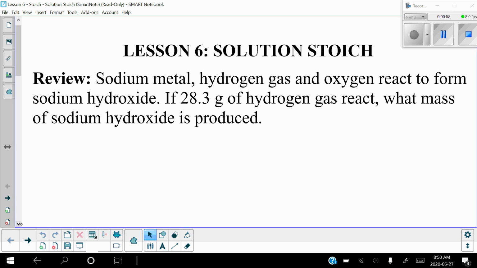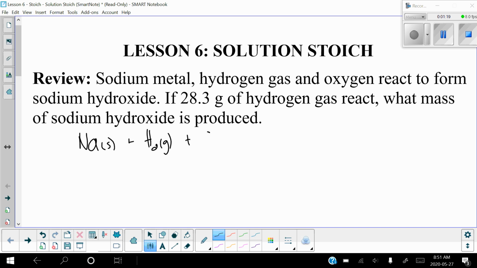If 28.3 grams of hydrogen reacts, what mass of sodium hydroxide is produced? Okay, let's write our reaction first. So sodium metal plus hydrogen gas and oxygen gas react to form sodium hydroxide.